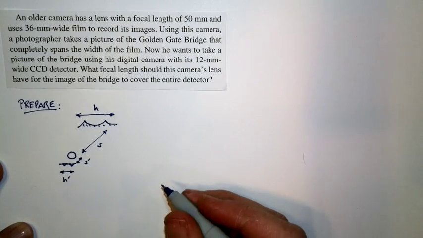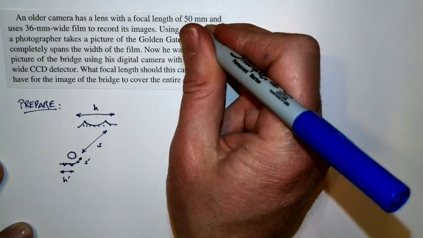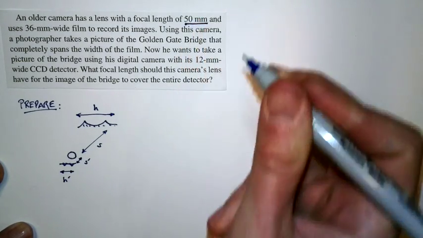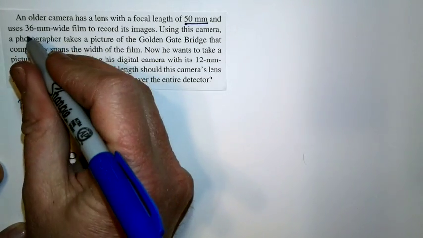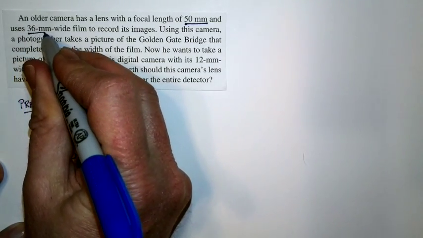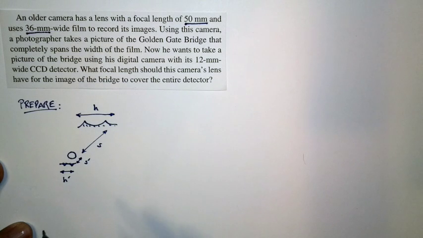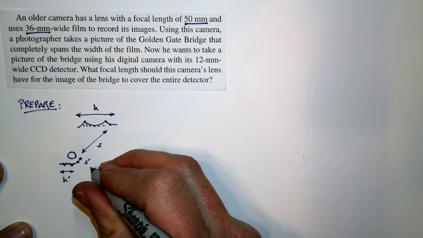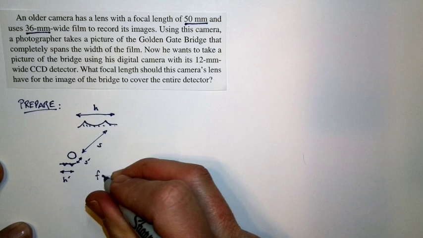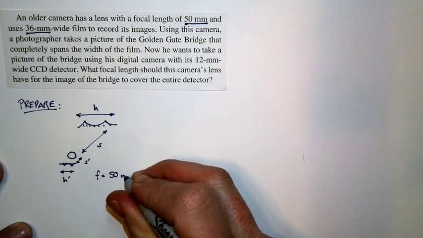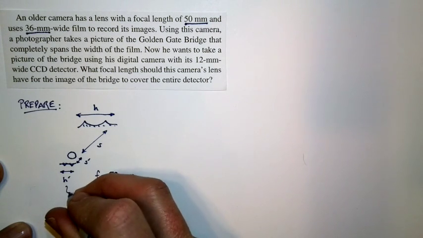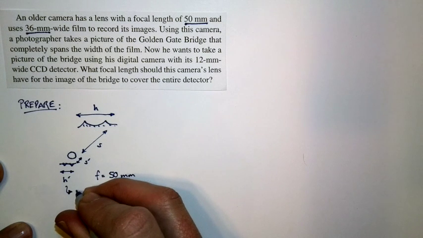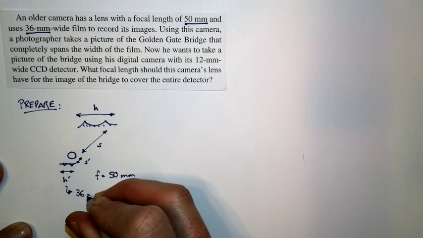Okay, now we're told this, that initially the photographer starts with a focal length of 50 millimeters, and that bridge picture entirely fills his 36 millimeter wide film. So that tells us that the focal length of the lens is 50 millimeters, and H prime, the width of the image, is 36 millimeters.